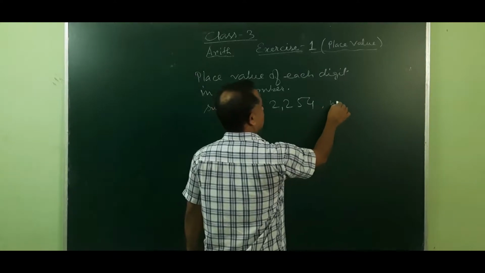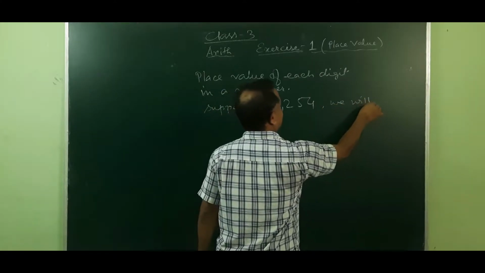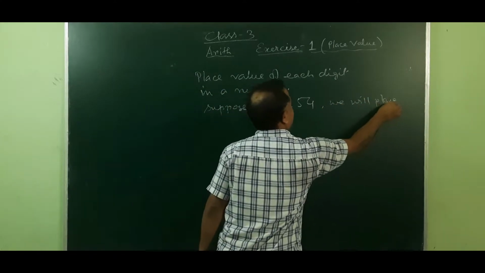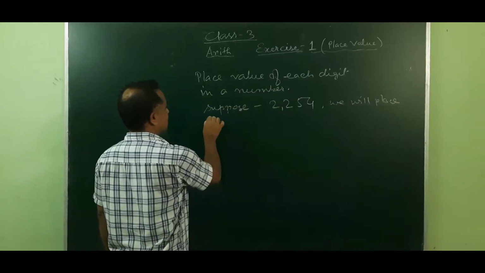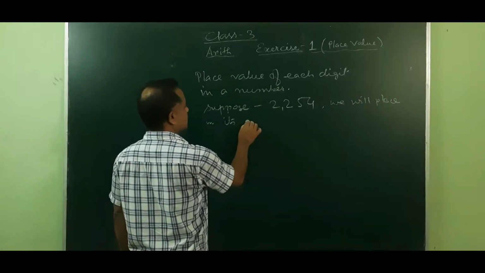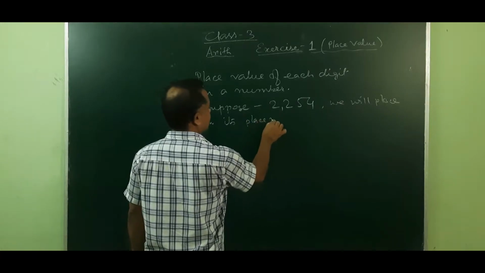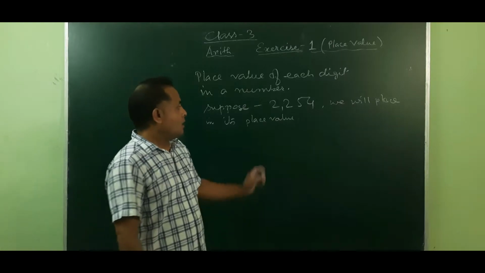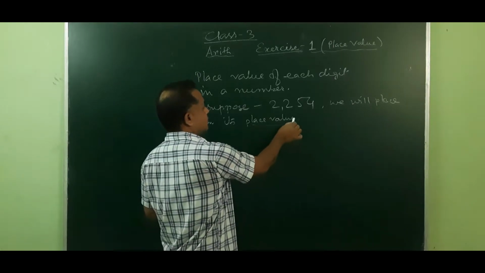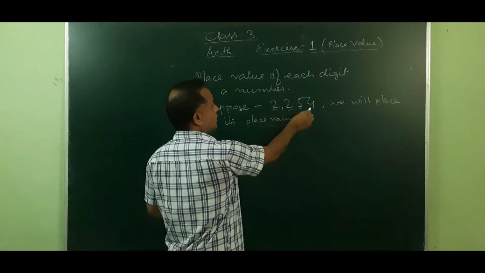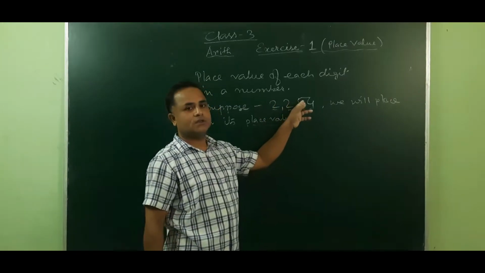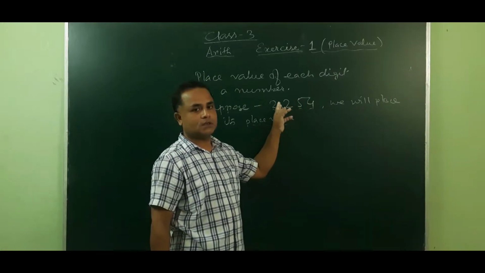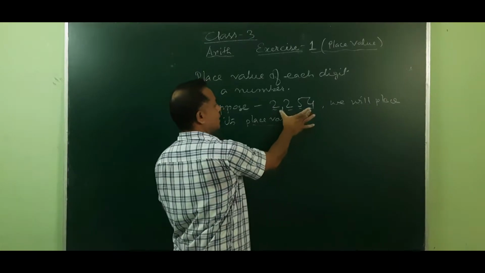We will place it in its place. Place value means, this 2254, each of these is a digit. If we take singly, it is a digit. Now when we combine, it is a number.